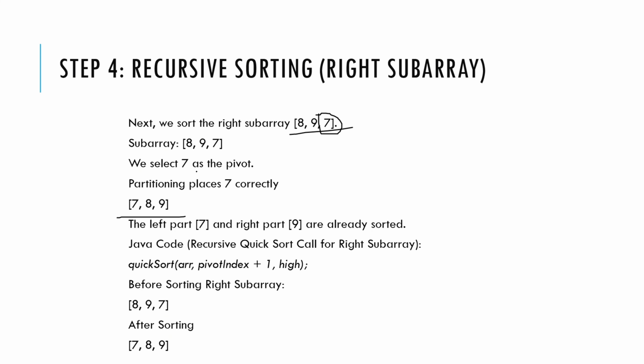We moved the smaller elements to the left, and for the right part we used the greater elements. So now, as you can see, the partitioning after sorting is 7, 8, 9. So it's already sorted.